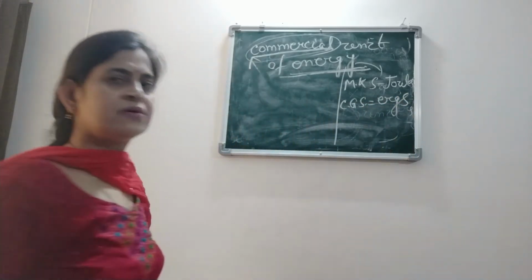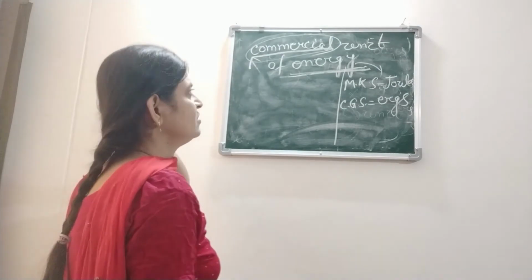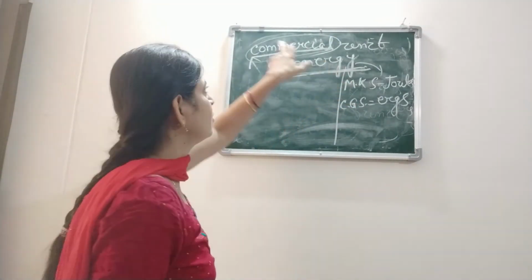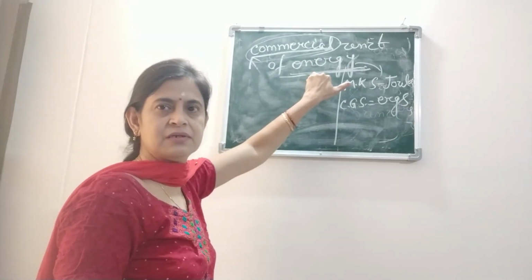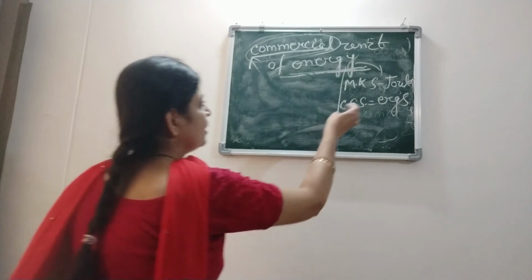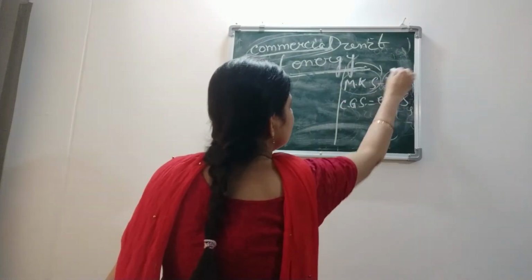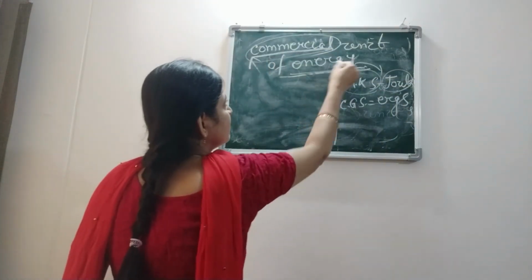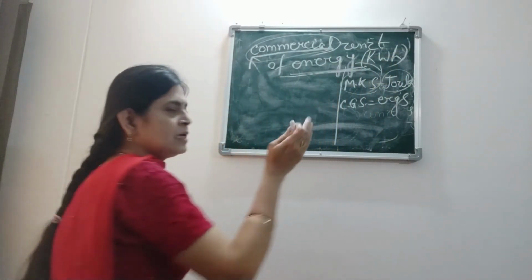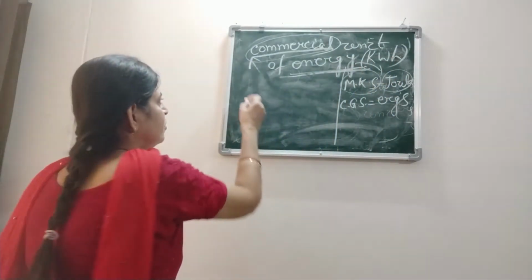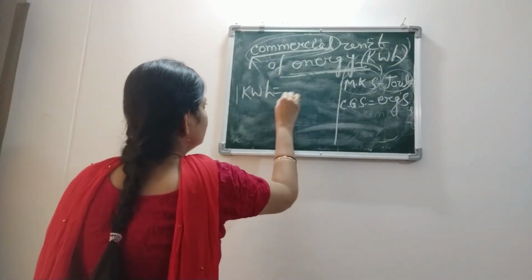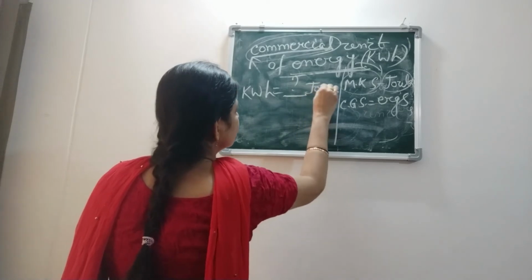Now if the question is what is the relationship between the MKS unit and commercial unit of energy? Clear? So MKS unit of energy is joules and commercial unit of energy is your kilowatt hour. That means indirectly you have to find out 1 kilowatt hour is equal to how much joules.